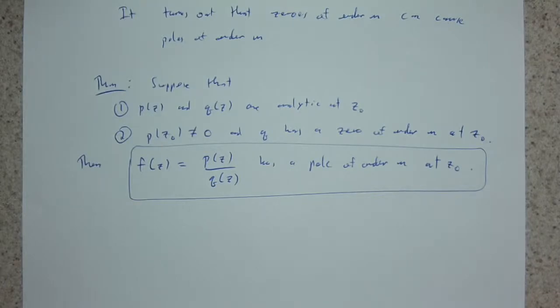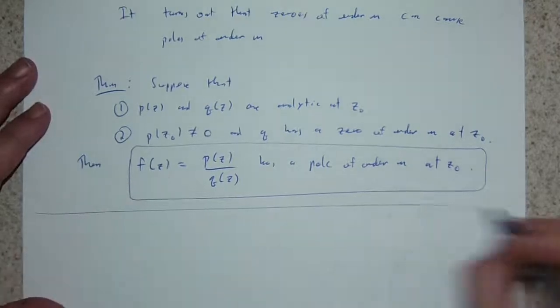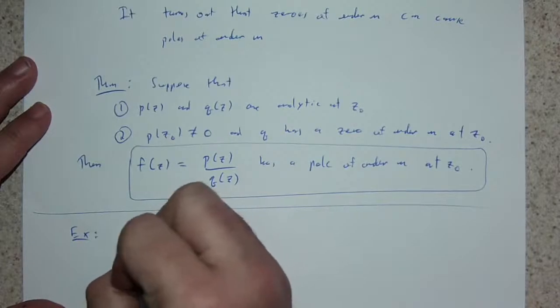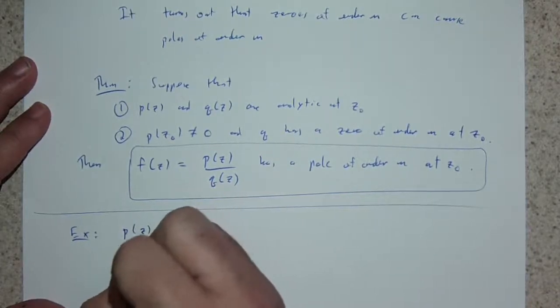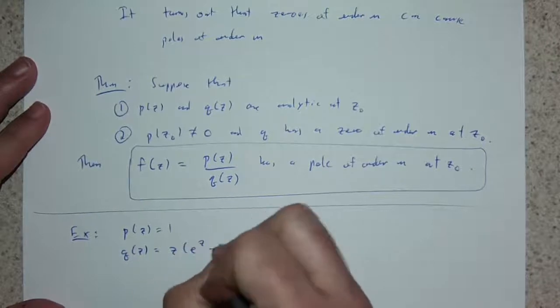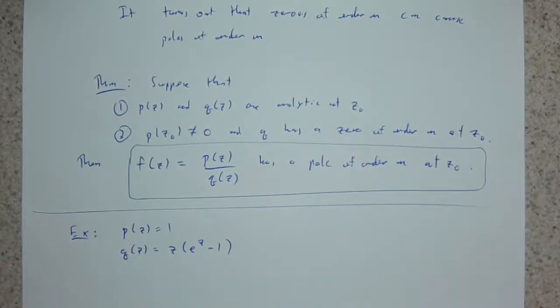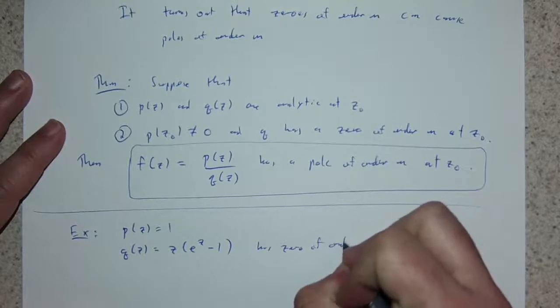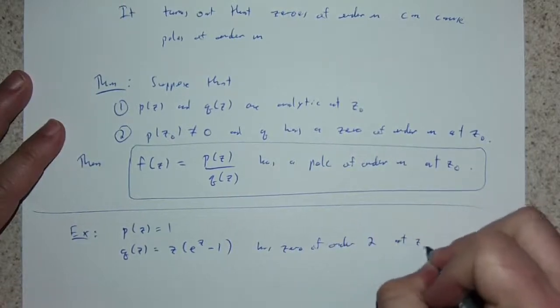Okay. So, our favorite example we've referred to several times by now. If p of z is equal to 1 and q of z is equal to z times e to the z minus 1, both of these, of course, are analytic. They're actually entire, so they're analytic everywhere. We also know that q has a zero of order 2 at z naught equals 0.